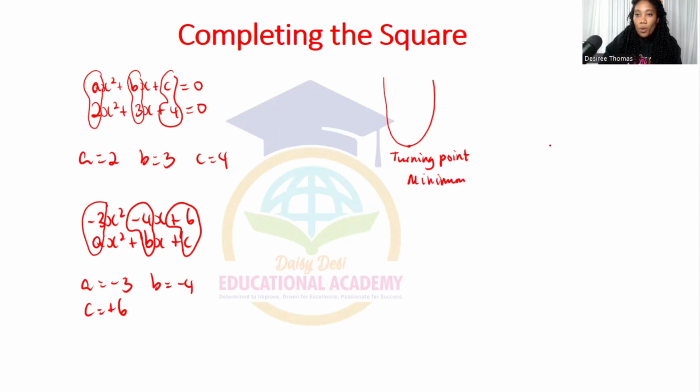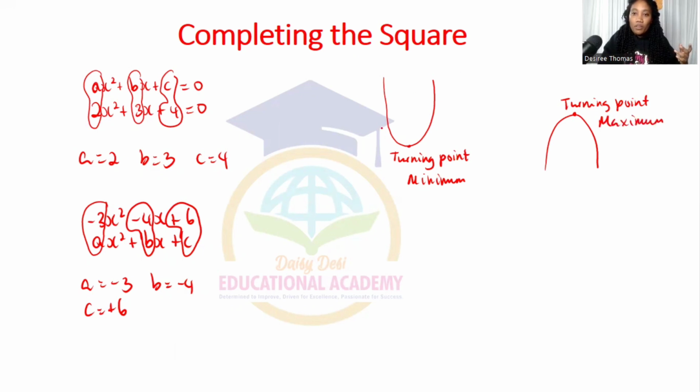If the curve is shaped like this, you can clearly see the curve goes in this direction and at this point it goes down instead. So this is the turning point again, and this is a maximum.